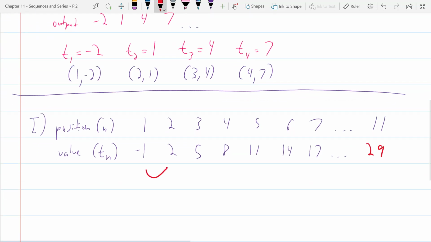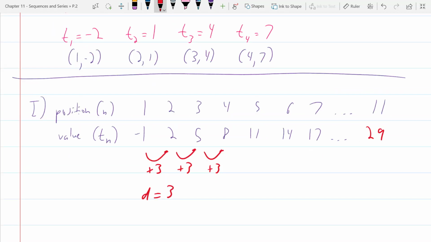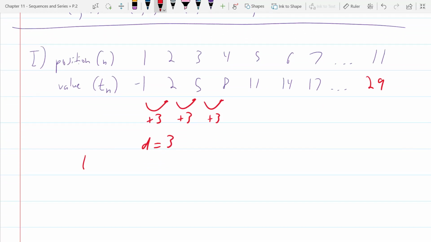And you get to each successive term by adding 3. Plus 3, plus 3. This means that the common difference is equal to 3. And we can obtain this common difference by taking t sub 2 minus t sub 1, which will be equal to 2 minus the -1, which is 3.